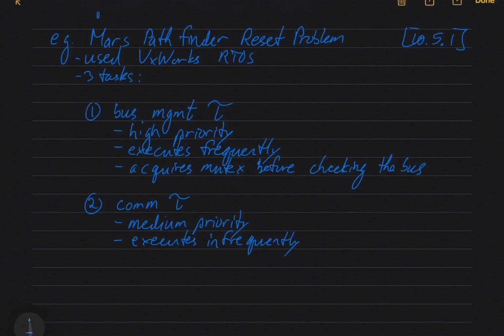It only came up once this thing was deployed and on the surface of Mars. It has a long execution time, which was also part of the problem, and its job was to communicate data and such with Earth.